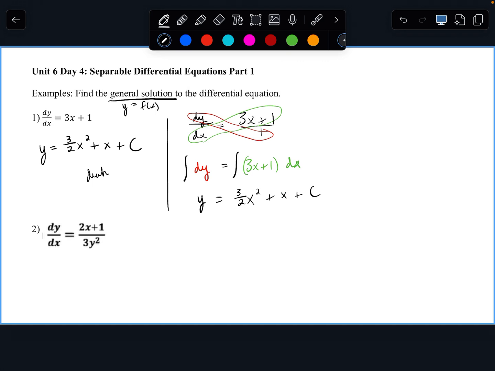So that's why I like Leibniz notation, no offense to Newton, but I think it makes more sense when we get to something like this. What's Leibniz? This is Leibniz, dy dx, compared to a little y prime. That's Newton. They all fought about who discovered calculus, Newton and Leibniz.